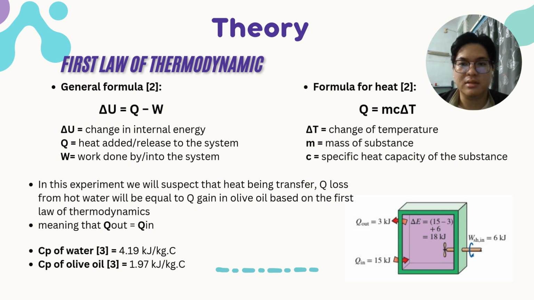The second theory is the first law of thermodynamics. The general equation is change in U equals Q minus W, where U is the internal energy, Q is heat, and W is work. To find Q, we will use the equation on the right side, which is Q equals m Cp change in T, where Cp is the specific heat capacity of the substance, m is mass, and change in T is the change of temperature between final and initial.